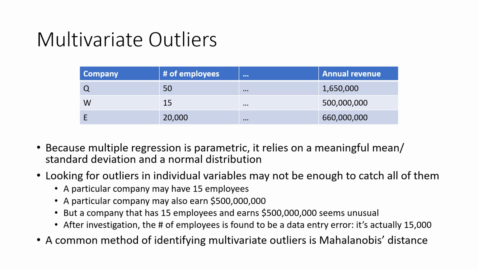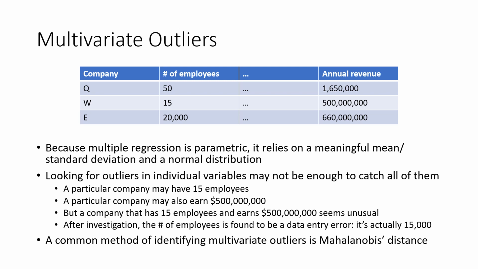But if you look at these three companies, you can see that there's one company that has 15 employees and $500 million of revenue. Now that combination seems a bit unusual, and we would call that a multivariate outlier. And it's possible that after investigation, you find that that 15 actually should be 15,000 and not 15.